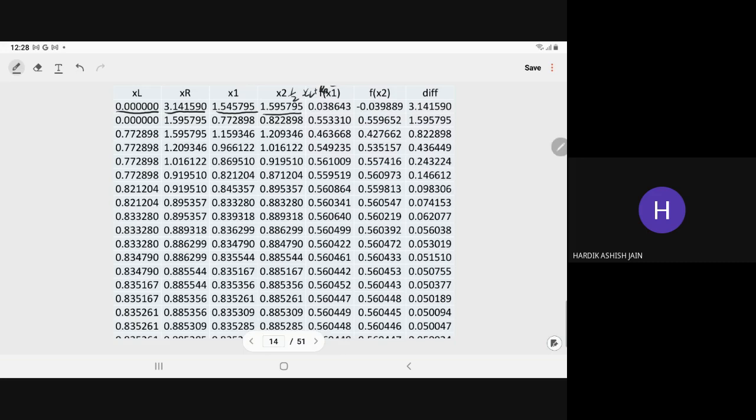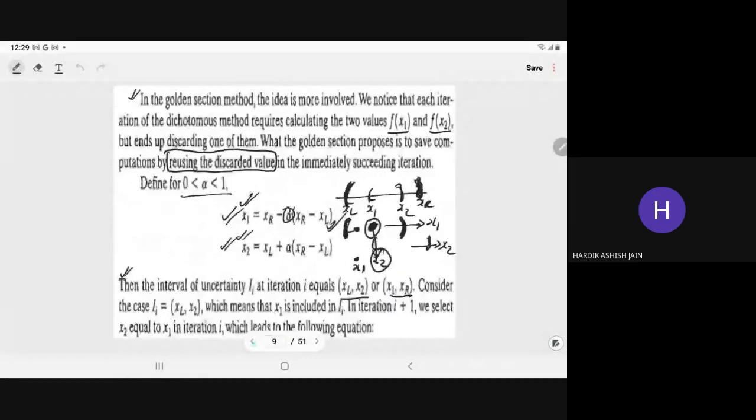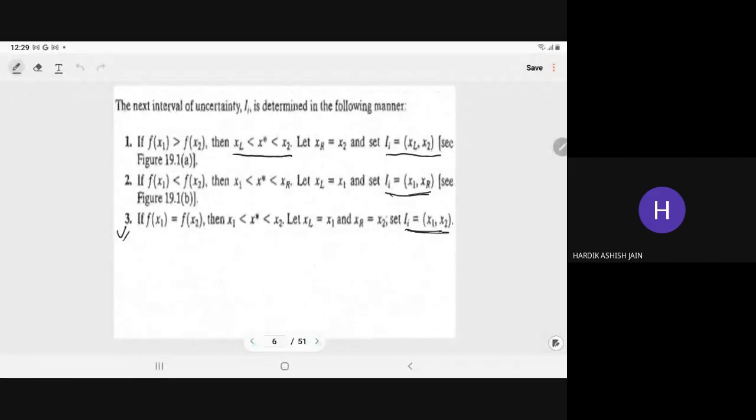Now at these points, we compute f(x1) and f(x2). If you observe, f(x1) is greater than f(x2). Please pay attention to this. If f(x1) is greater than f(x2), the next interval is xl to x2.